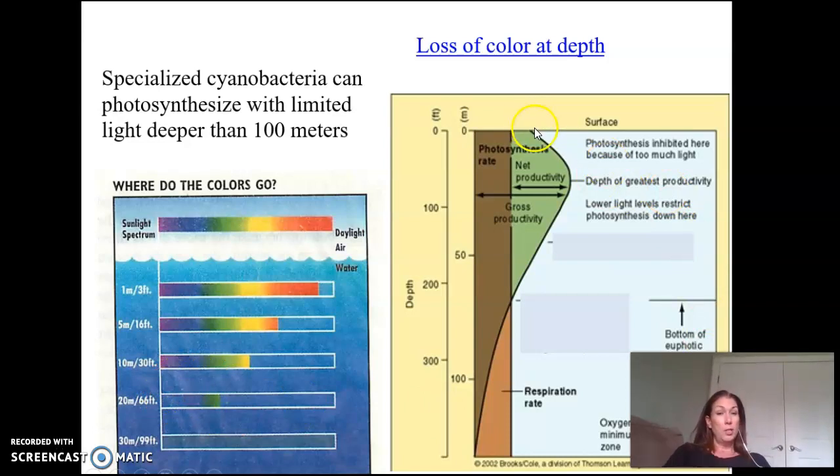But this graph shows us that you do have a lot of photosynthesis in our surface areas. But once you start to get deeper and deeper, the cellular respiration outpaces our photosynthesis. And so this is why oxygen is much more plentiful up at the upper levels of the ocean.